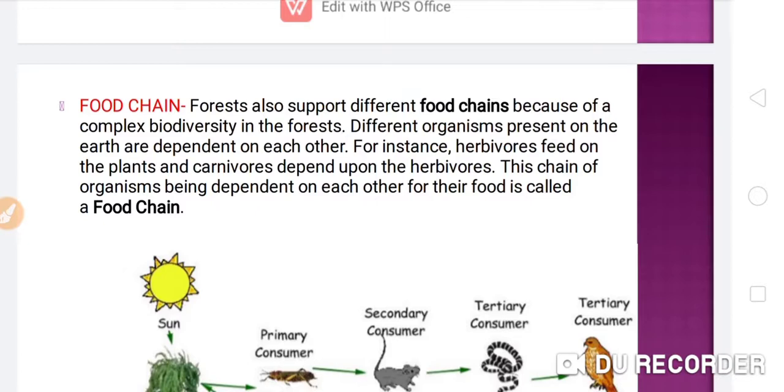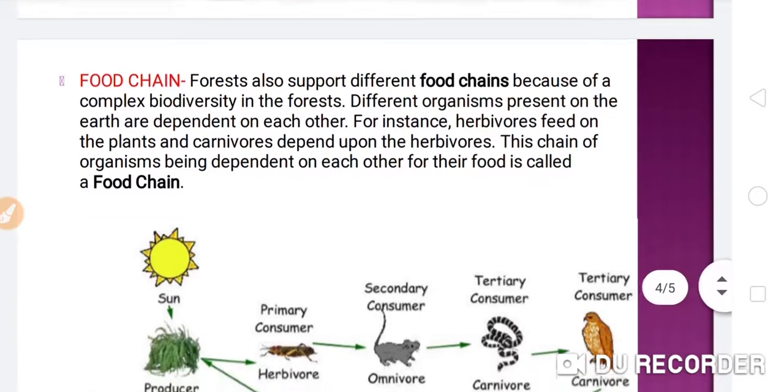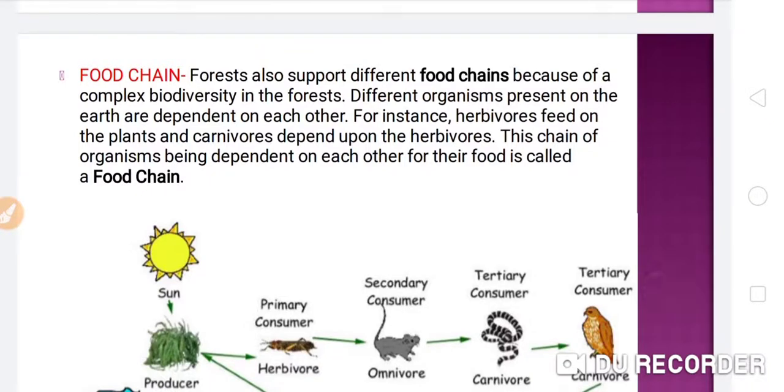This is known as a food chain. In these forests, different organisms are dependent on each other. For instance, herbivores feed on the plants and the carnivores depend upon the herbivores. Here you will find a number of kinds of food chains.